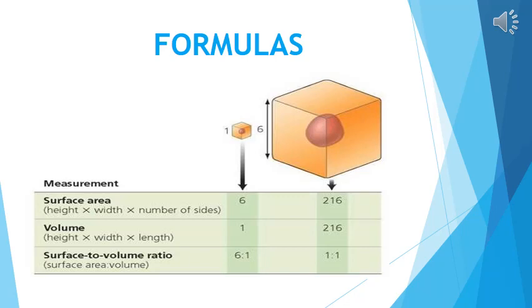So, surface area to volume ratio for a cuboid with a height of 1 centimeter will be 6:1. Whereas, if we compare it with a cell with a height of 6 centimeters, its surface area will be 216. Its volume will also be 216. So, the surface area to volume ratio will be 1:1.